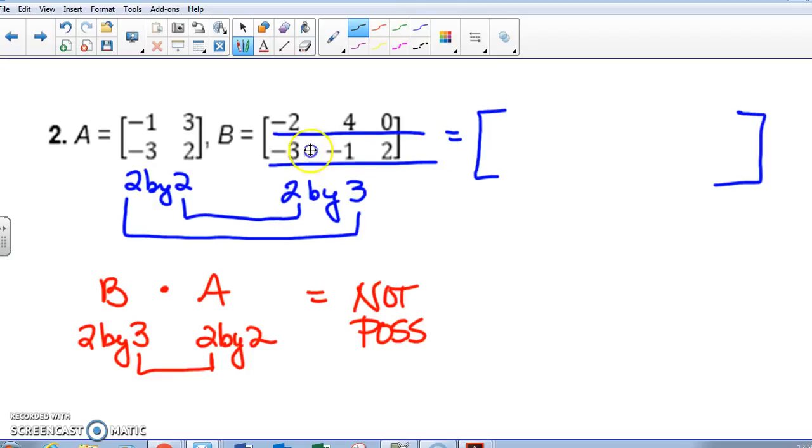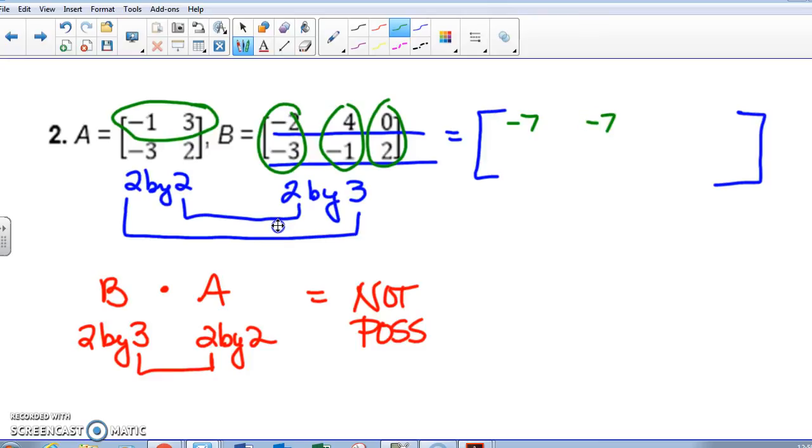All right, let's see if we can do this in our heads. This row times each of these columns. So the first one is 2 plus negative 9. Anybody got that? 2 plus negative 9, negative 7. What about the next one? Negative 4 plus negative 3. Another negative 7.